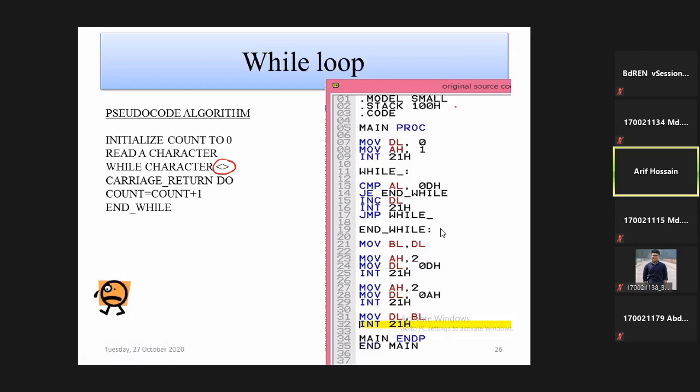Initially you are moving the value 0 into DL. AH is 1 for reading a single character. So in 21H you are reading a character and storing it in AL. Now you are comparing AL with 0DH, which is carriage return or enter, if you remember. If it is equal, it will jump to end while. Assume it is not equal, so it will increment DL. So now DL will become 1. Again int 21H, so you will read another character.